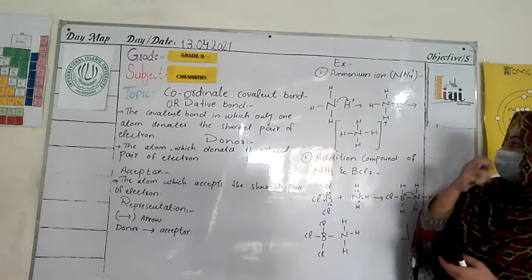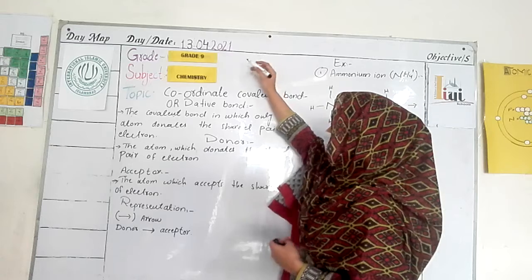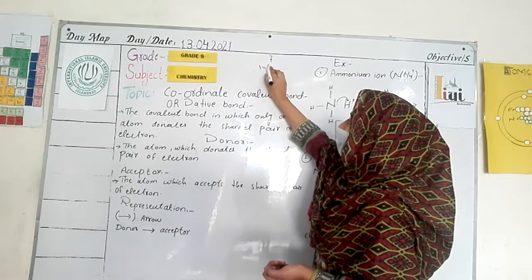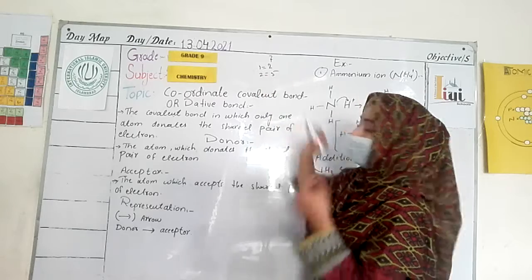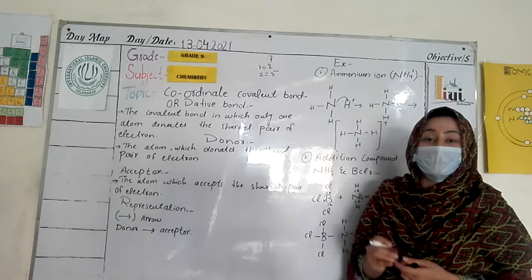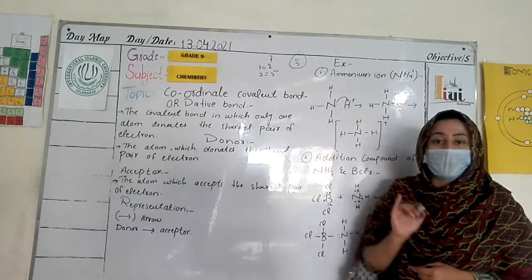As you know, nitrogen has 7 electrons in its electronic configuration. In the first shell it has 2 electrons, in the second shell it has 5 electrons. So how many electrons are required to complete its octet? It requires 3 electrons to complete its outermost shell.